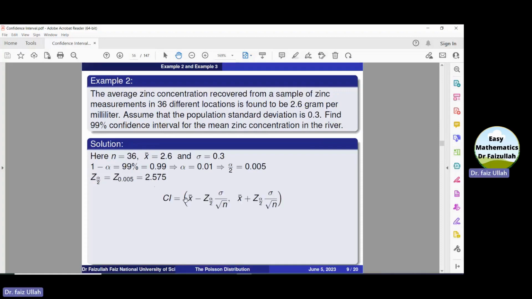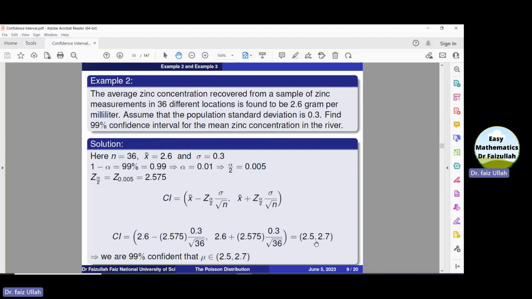The last step is to use this formula and substitute the values. After simplification, we get 2.5, 2.7. Hence, we are 99% confident that mu belongs to this interval. The value of mu is greater than 2.5 and is less than 2.7.